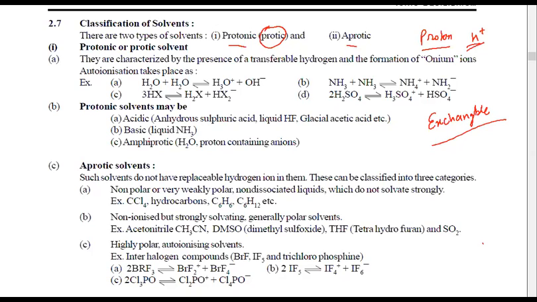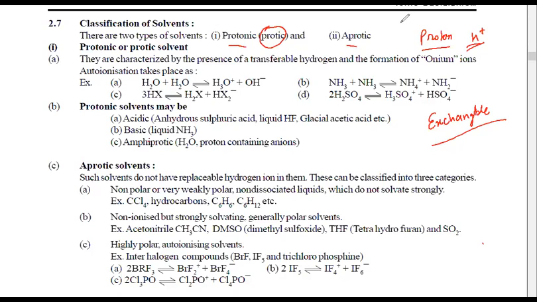Got it, everyone? I hope everyone remembers the meaning of exchangeable H plus, right? Exchangeable H plus is hydrogen which is attached to a highly electronegative atom. Remember, everyone? Yes? Okay.